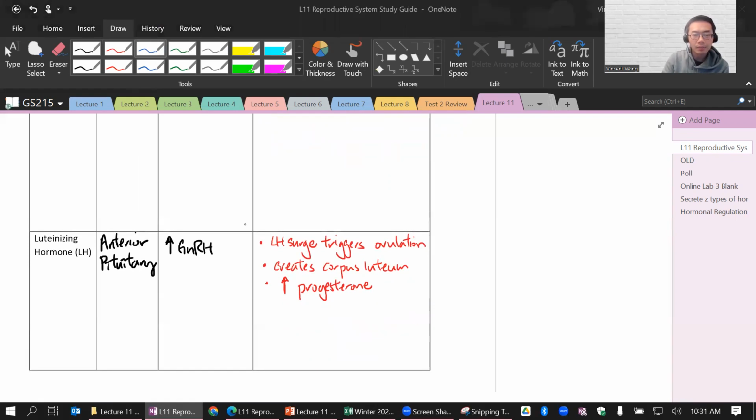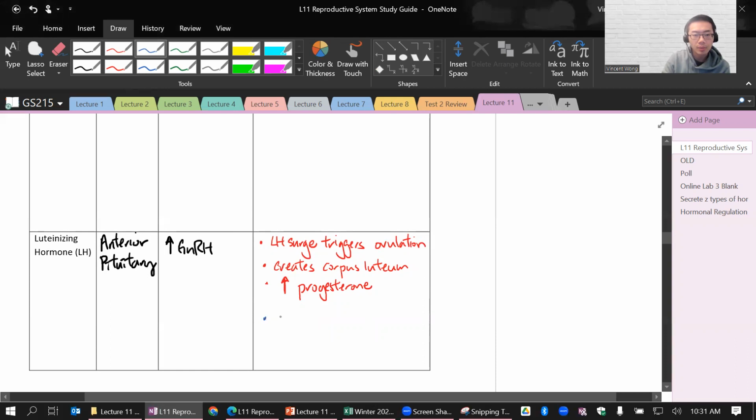And for male, it is going to increase testosterone output from interstitial cells.